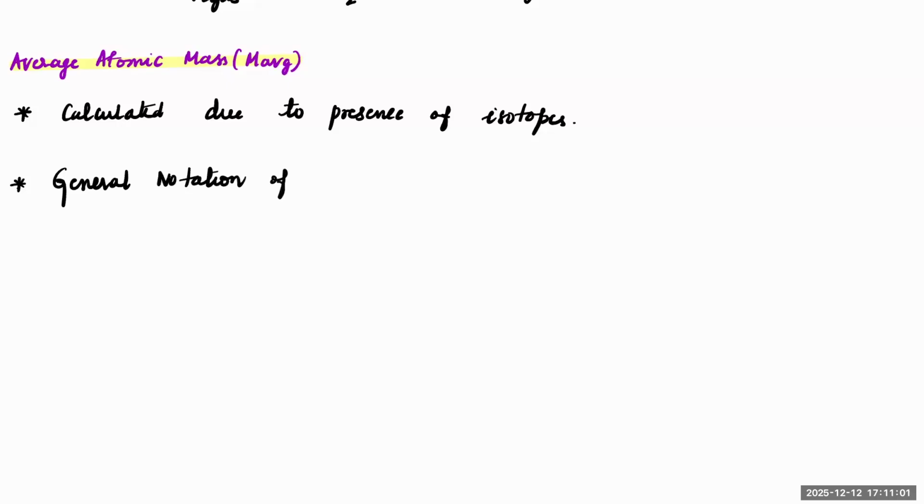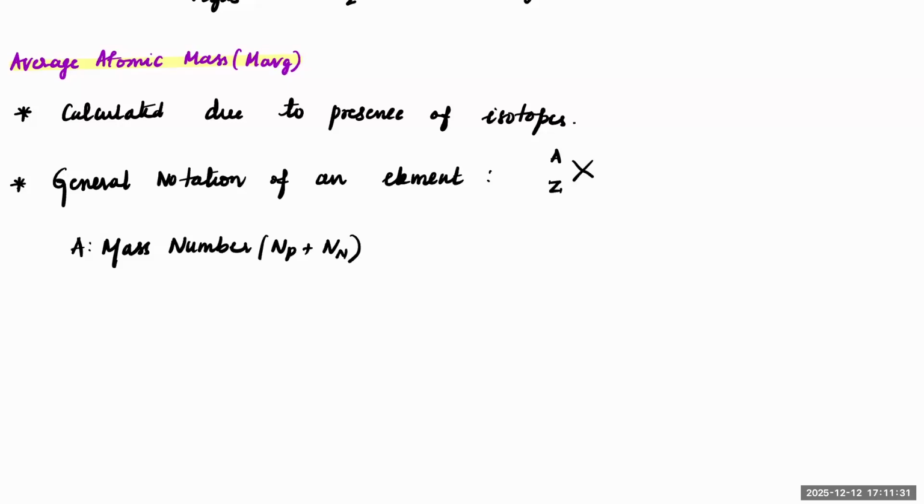of an element. If you have an element, what is the general notation? The general notation is like this: X, any element X, with A and Z. This is the general notation, where A represents the mass number, which refers to the number of protons plus the number of neutrons.